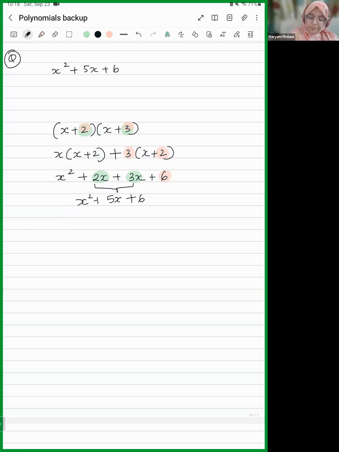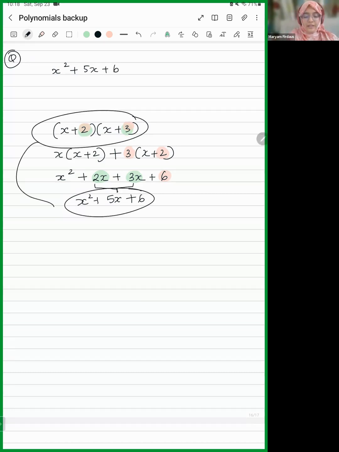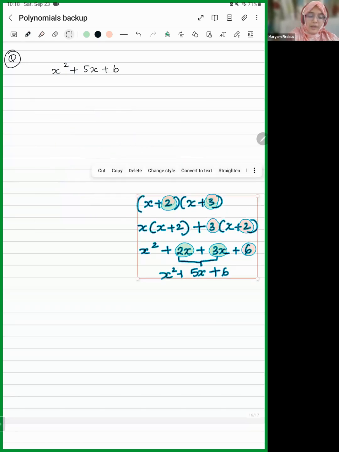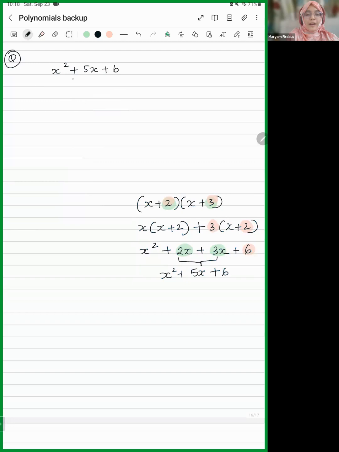Now this part is clear. From here, how are we getting till here? First we do x squared, then we do 2 plus 3, which is 5x, and then 2 into 3, which is 6. The reverse of this we are going to apply when we have to factorize.